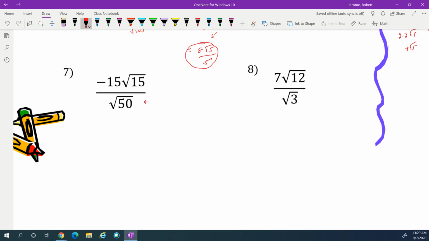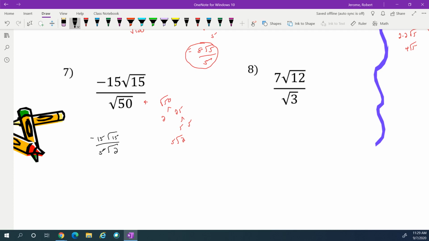I'm going to work on that 50. Square root of 50 is 2 times 25, which is 5 times 5, which is a 5 square root 2. So I'm going to rewrite this. Negative 15 square root 15 over 5 square root 2.